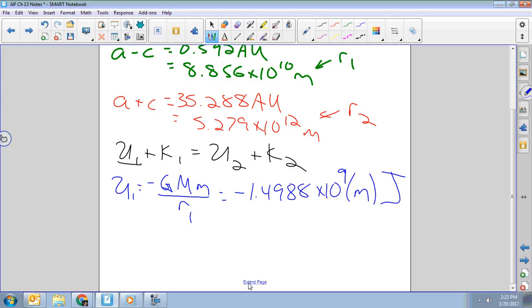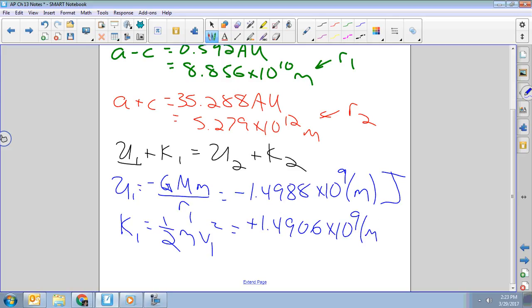Now, the kinetic energy at point 1 is 1/2. What mass do I use? The little mass, because it's Halley's Comet that's moving, times its velocity squared. And that velocity would be v1, the 54,600. So if you figure that out, you end up getting positive 1.4906 times 10 to the 9th.